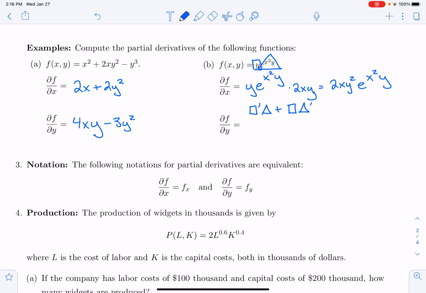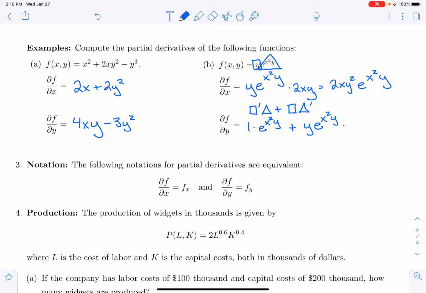In this case, the derivative of y is 1. I'm going to leave what's in the triangle alone. That's e to the x squared y. And then I have y, which I'm going to leave alone. That's that box. And then the derivative of the triangle, that's the derivative of e to the x squared y. The derivative there is itself, e to the x squared y, times the derivative of what's in the exponent.